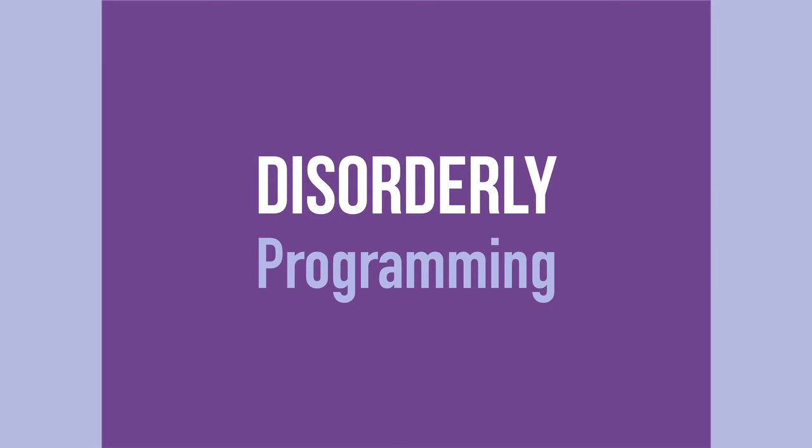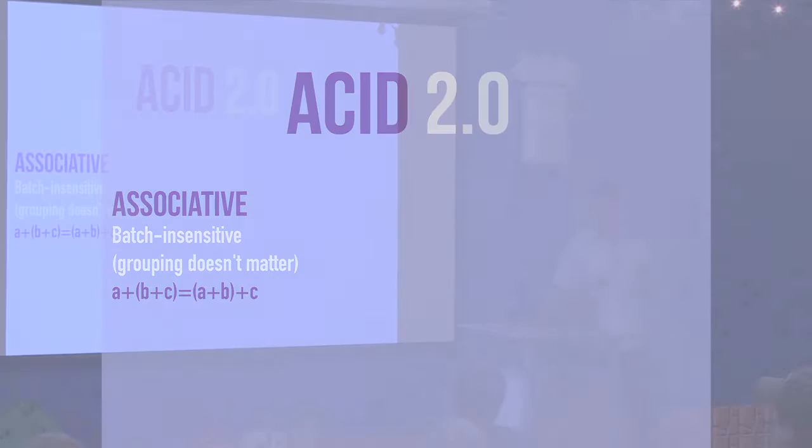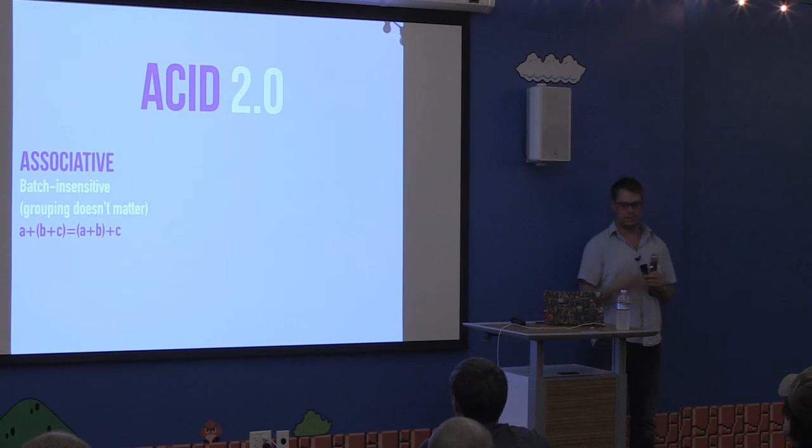Lastly, before we get into Akka, I want to talk about another trend that is starting to happen a lot. That is called disorderly programming. They also call it ACID 2.0, nifty if you look at the acronym. A stands for associative. That basically means that the coordination is batch insensitive, meaning the grouping doesn't matter.